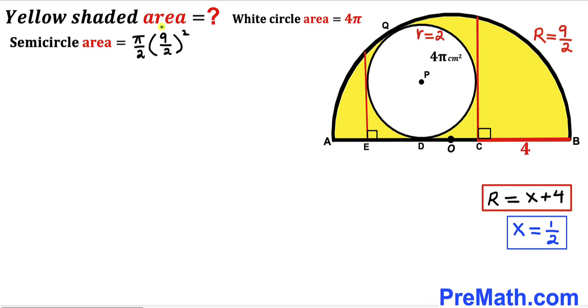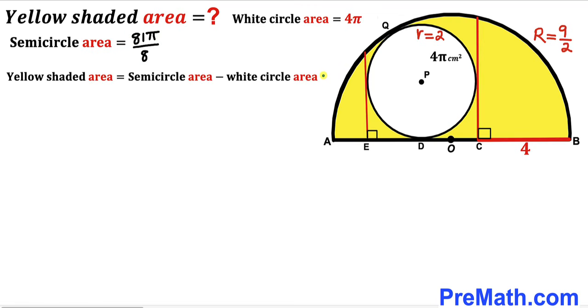And now we can see the square of this part is going to be 81 divided by 4, as you can see in this next step. So therefore this semicircle area turns out to be 81 times pi divided by 8 centimeter square. So thus the semicircle area turns out to be 81 pi divided by 8.